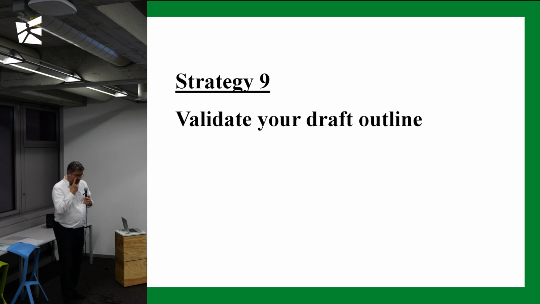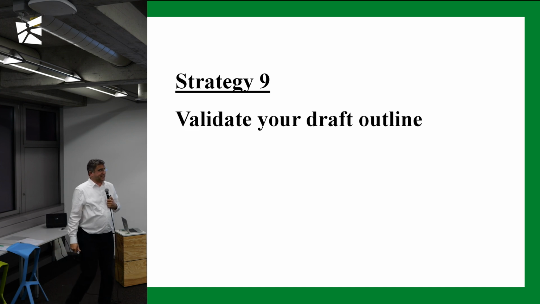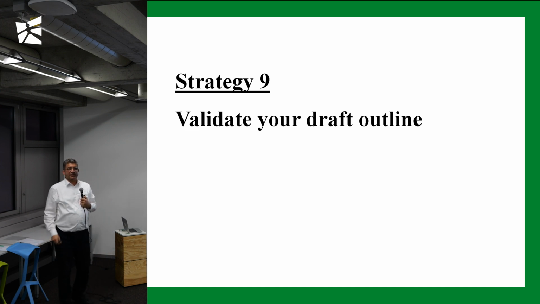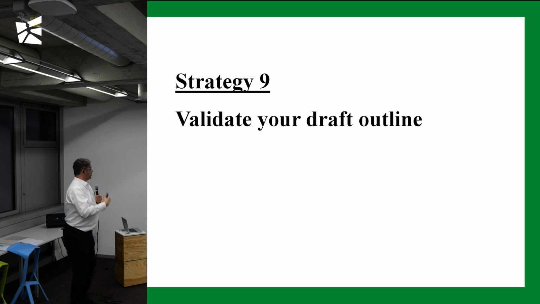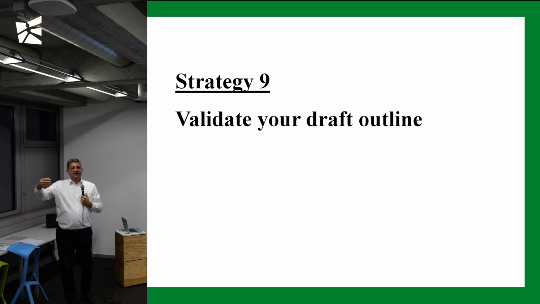Strategy 9, we don't do enough of this, namely validate your draft outline. Show it to a peer. Get a peer to look at your outline, and does it make sense to them? It helps, for example, if you write out the last part of your introduction, which is always, well, the paper is divided into 5 sections.